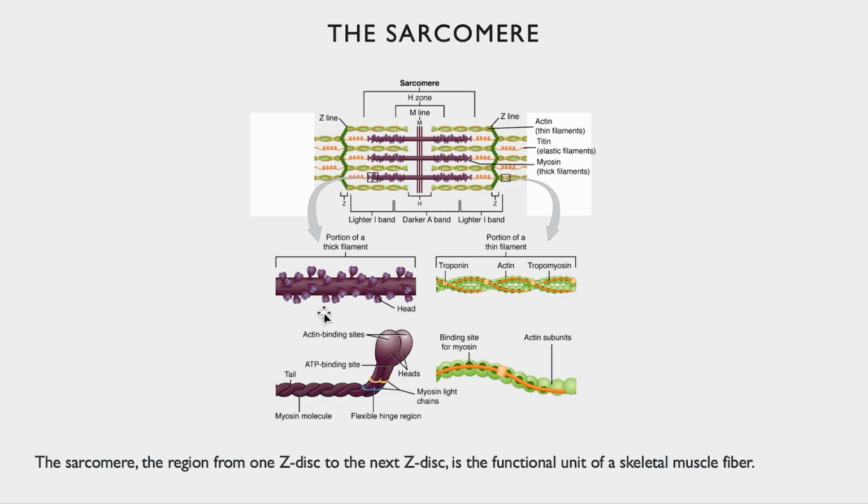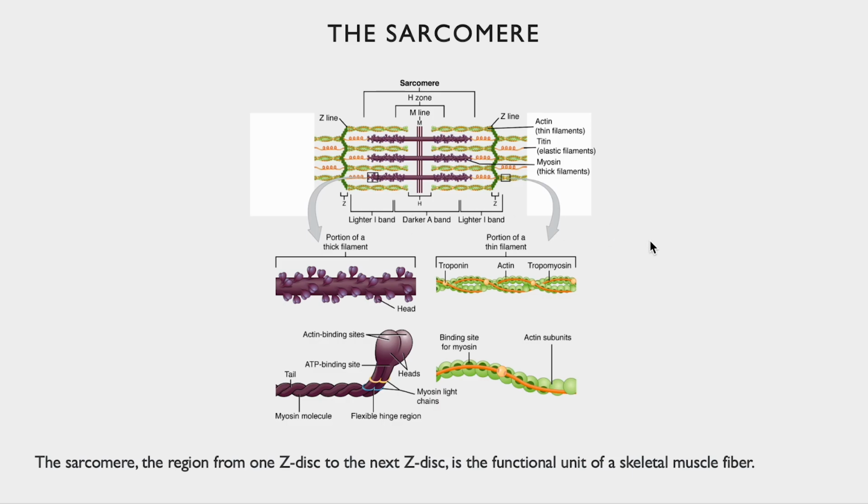That's how we have light, dark, light, dark, forming striations. The lighter bands are called I bands, and the darker are called A bands. Notice that light has an I and dark has an A, so you can use that to remember. I for light, A for dark.